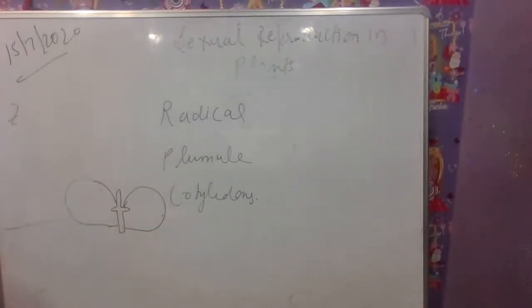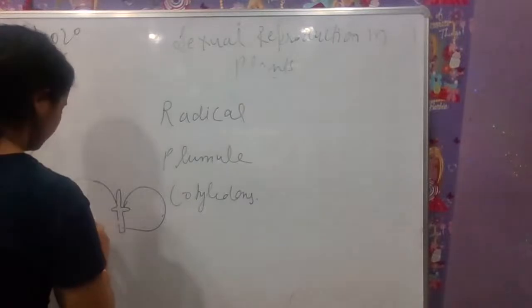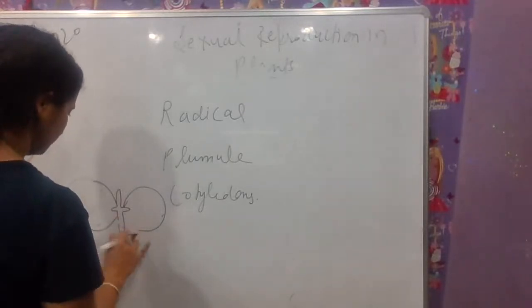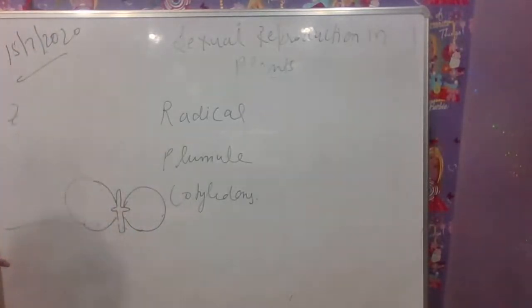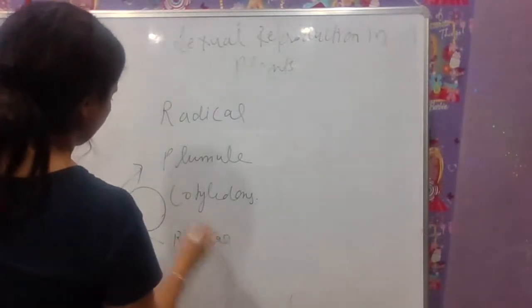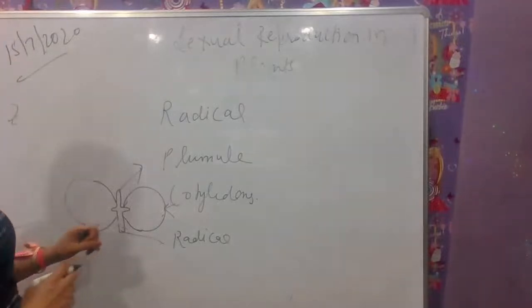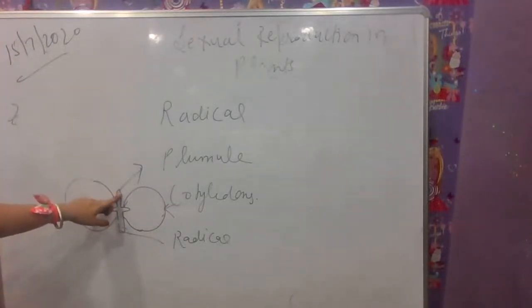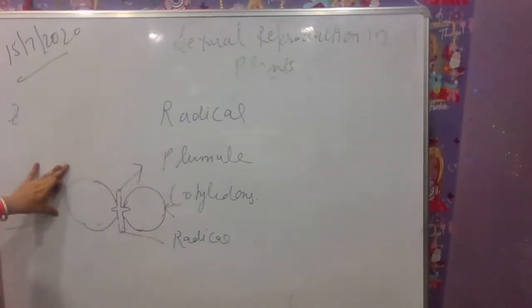Okay, this is what? ठीक है, this is what? This is plumule. This is radicle. And these are cotyledons. Plumule parts in future. So overall seed contains a future plant.